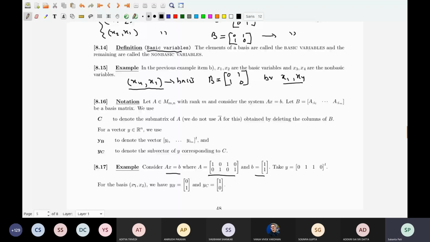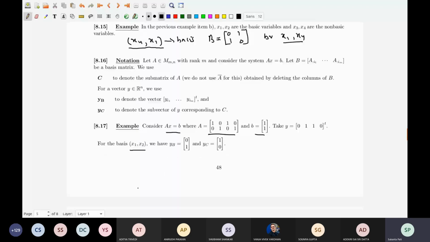Once you have said that, for any n-dimensional vector, by saying yB, I mean y of the first basis vector, that is x1, and y of the second basis vector, that is x2.